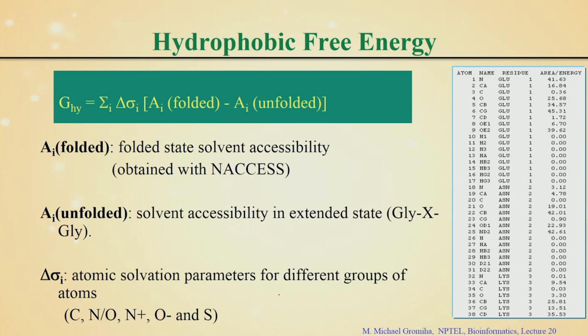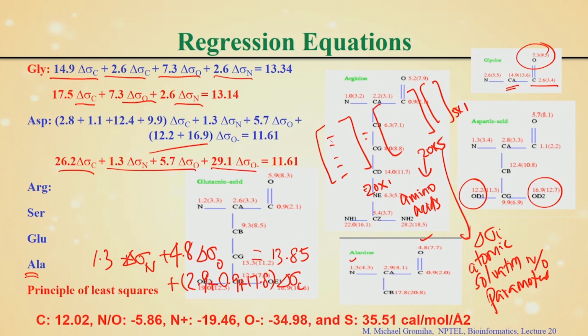If we do this, we can get the values for all these 5 parameters, and this is the numbers we obtain for the 5 groups. For example, carbon 12.02, nitrogen oxygen minus 5.86, N plus minus 9.46, O minus 34.98 and sulfur 13.51.